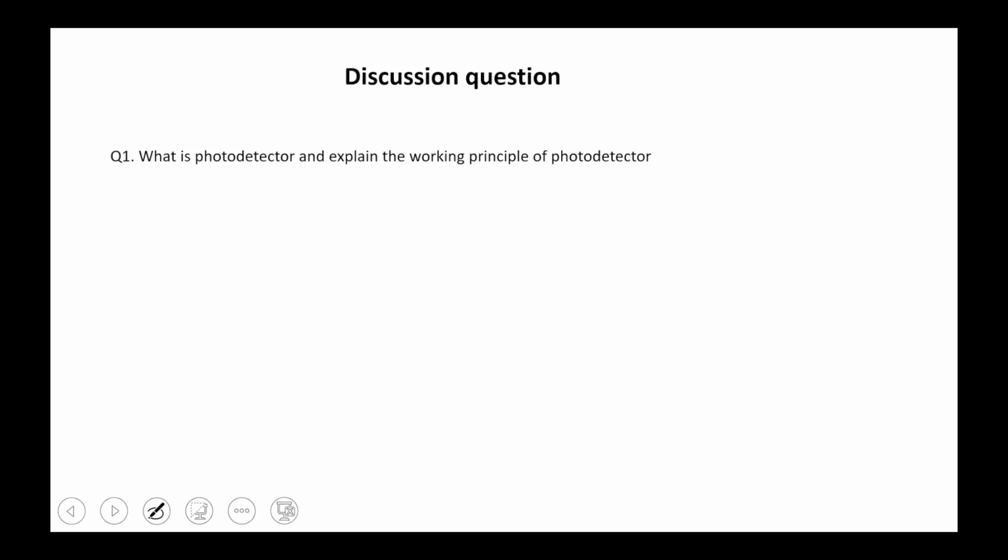It is the ratio of IP by P naught, where IP is the output electrical current divided by the input optical power P naught. It is highly sensitive and independent of temperature. Photodetectors will not depend upon temperature. No, sir, its performance requirement should be less. Okay.